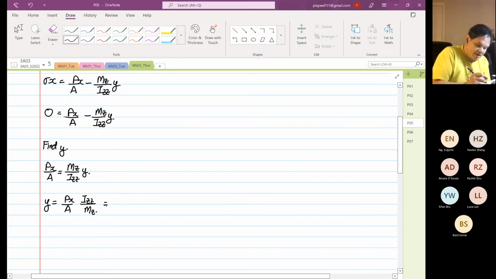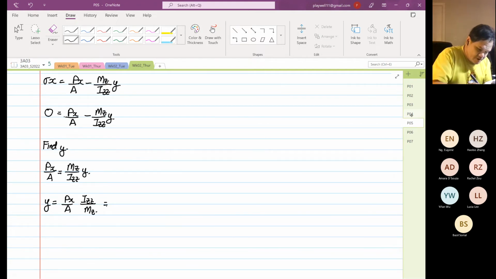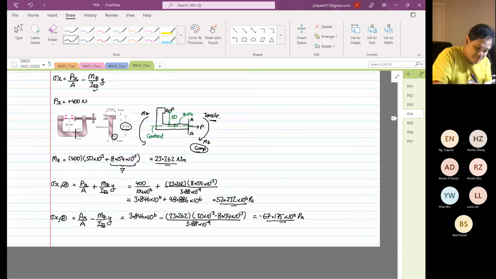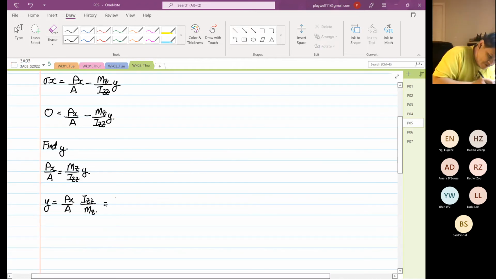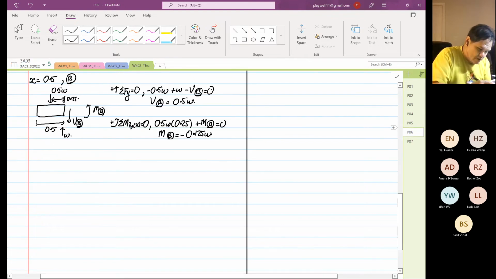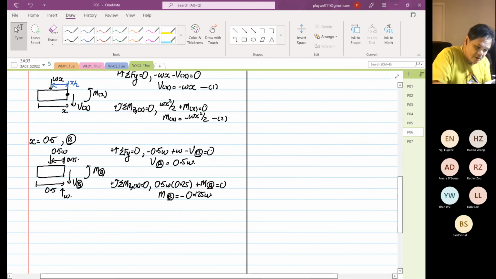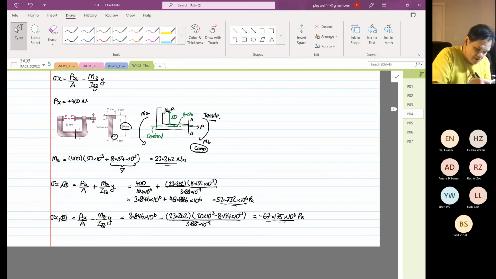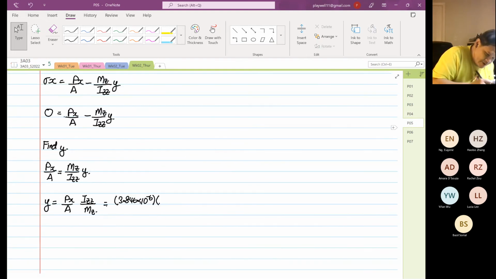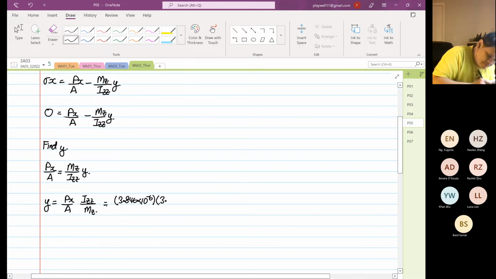We know Px over A has a value equal to 3.846 times 10 to the power 6. Izz is equal to, I told you guys my memory is so bad now, 3.88 times 10 to the power minus 9.